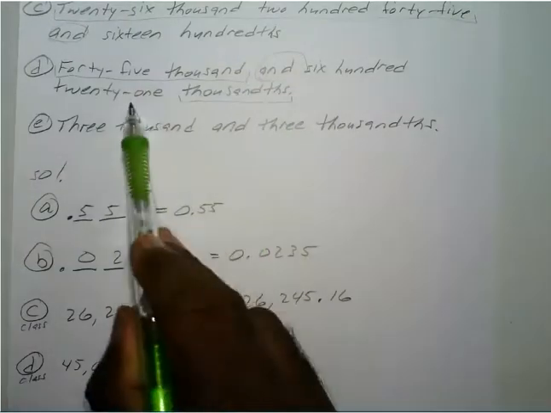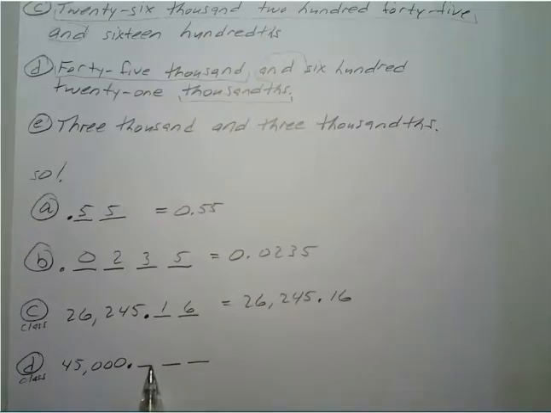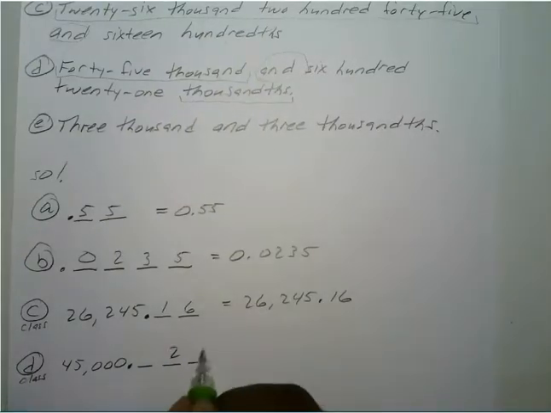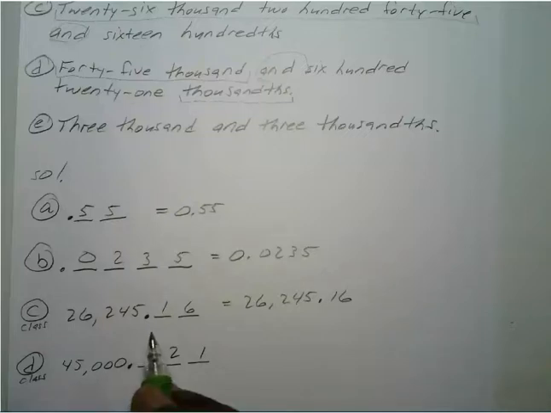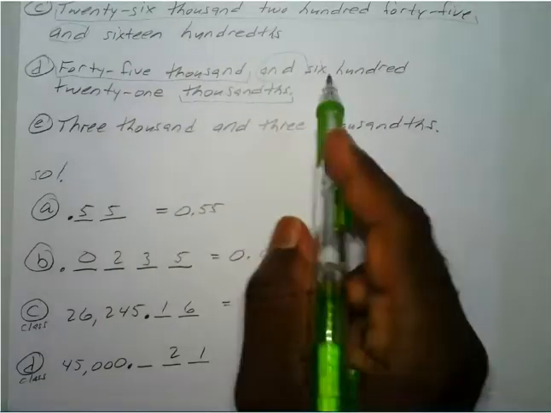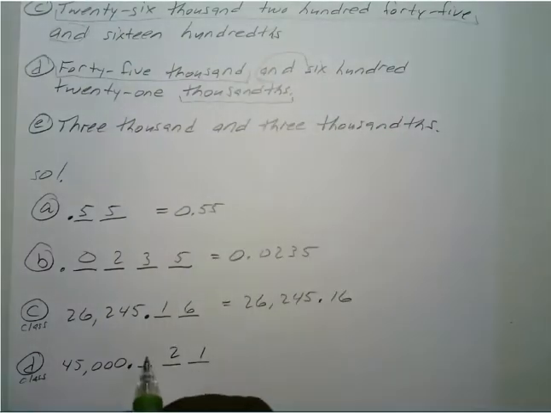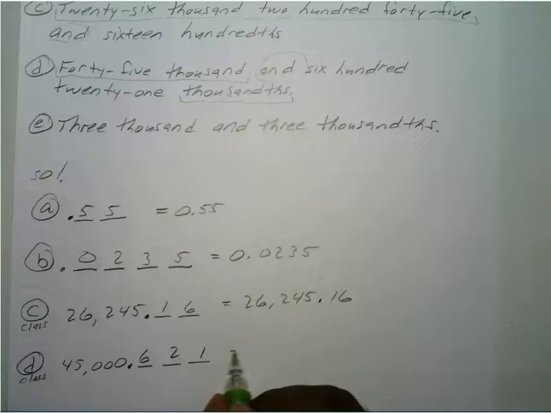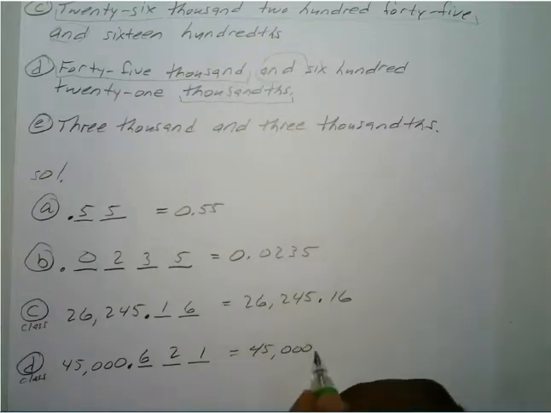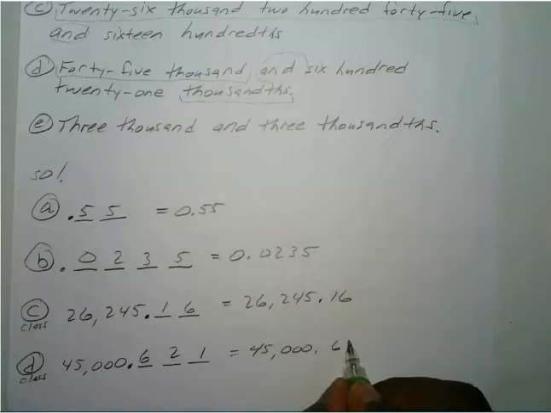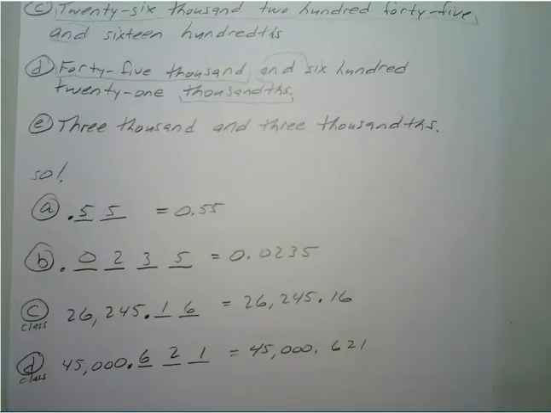So you're going to write 621 as far to the right of those spaces. Oh, 621, sorry about that. So that gives us 45,000 and 621 thousandths.